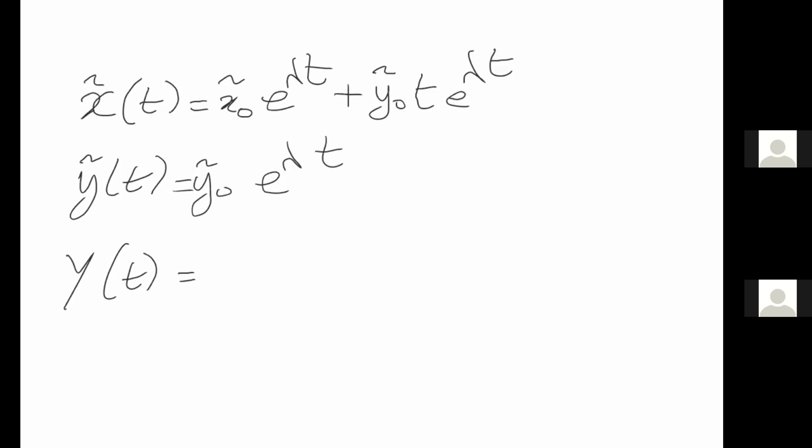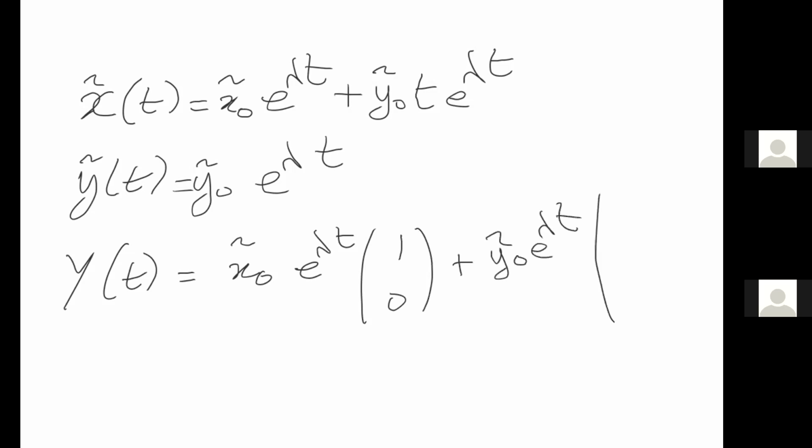So I can write it as x tilde node times exponential lambda t (1, 0) plus y node exponential lambda t (1, 0).